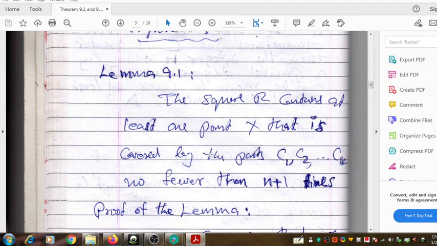So to prove the lemma, we adopt the technique of assuming that the complement is true, and then proceeding further to obtain a contradiction.